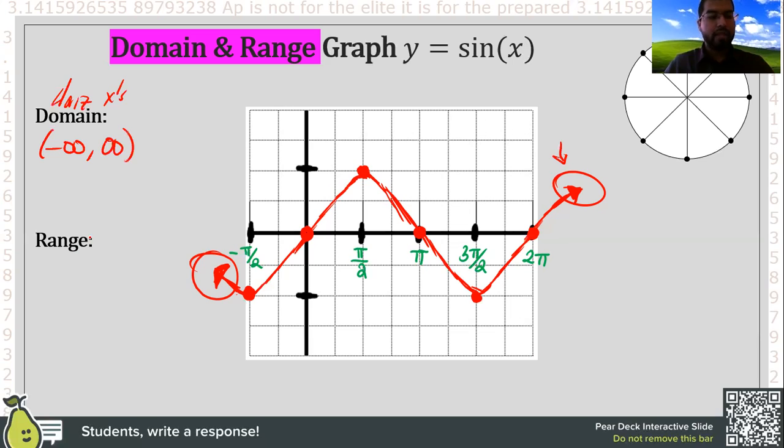Now, the same idea happens for my range. Let me use a different color. I said over here that the highest I can go is my max, which is 1, and the lowest I can go is -1. So the lowest I can go is -1, and the highest I can go is positive 1.